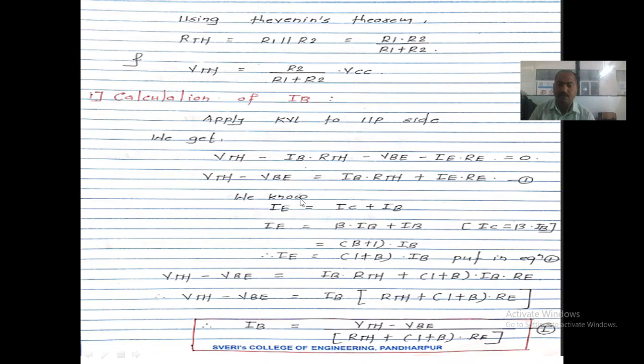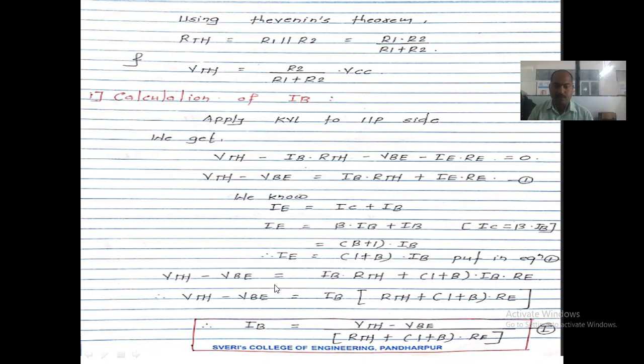We know that IE equals IC plus IB, and IC is nothing but beta times IB. So IE equals beta times IB plus IB. Taking IB common, 1 plus beta remains. So IE equals 1 plus beta into IB.